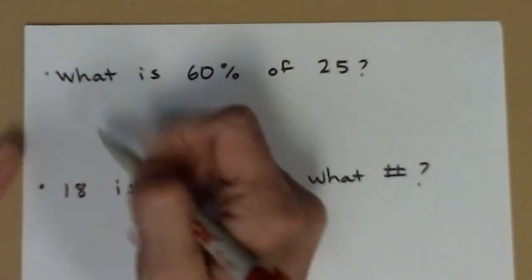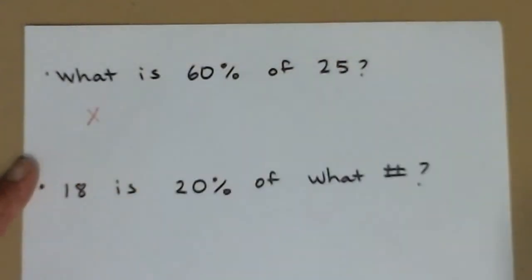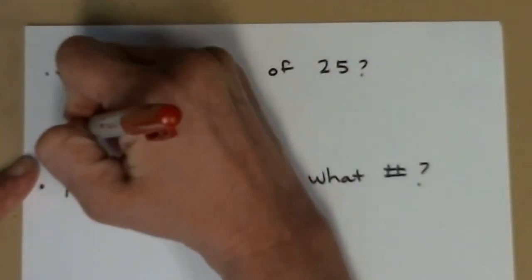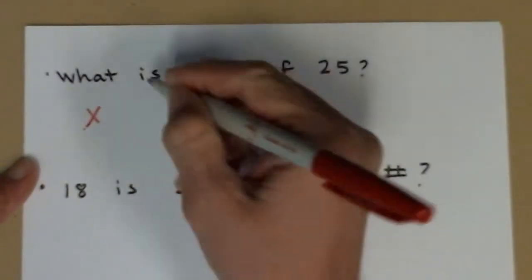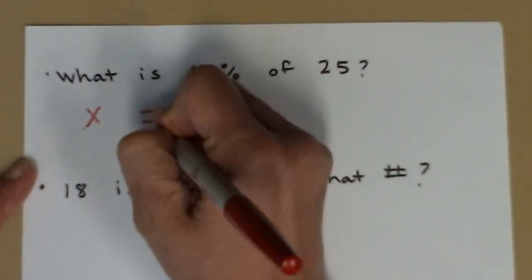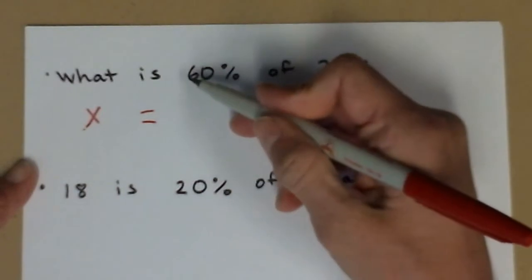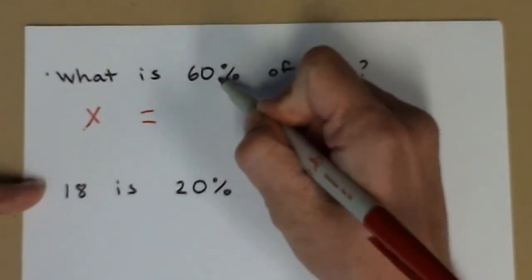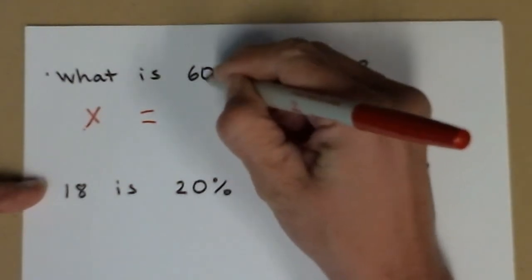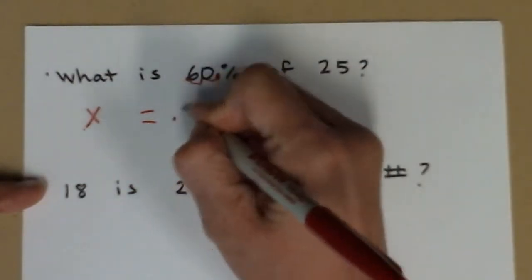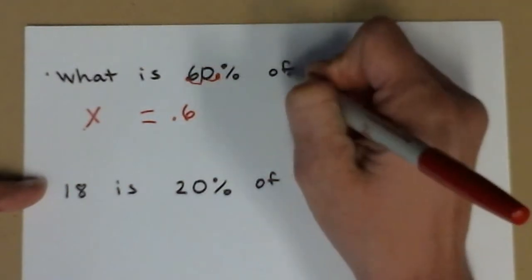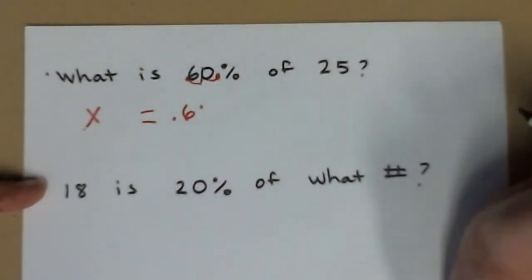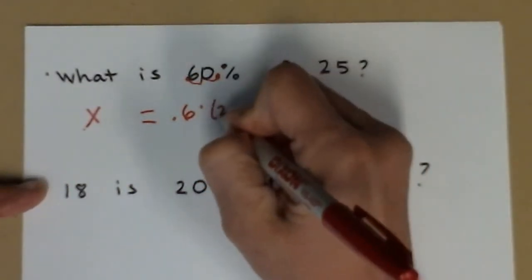Whenever we see the what, that's the thing we don't know. In a math class, we give that an X. Is, well, that's an easy one, equals 60%. It's coming into my equation, so it has to be in decimal form. Here's where it starts, 2 to the left, 0.6. Of is multiply, 25.